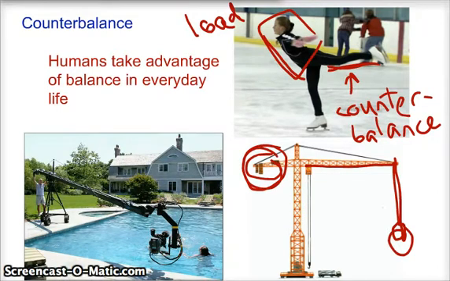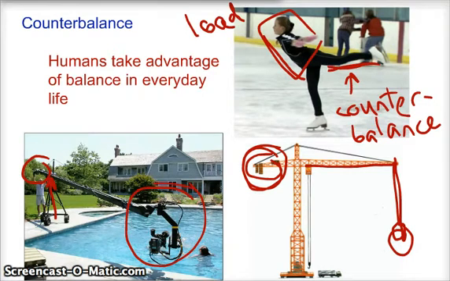And another example that's not in your book, but that you guys are maybe familiar with, is called the boom camera, used in filmmaking. Shown down on the left here, the heavy camera can be placed a long distance from the pivot point, which is just here, and it can easily be controlled by the cameraman in the back due to these, and you can see the weights that have been placed on the short end of the boom there, and those weights, those plates, allow the camera to be counterbalanced.